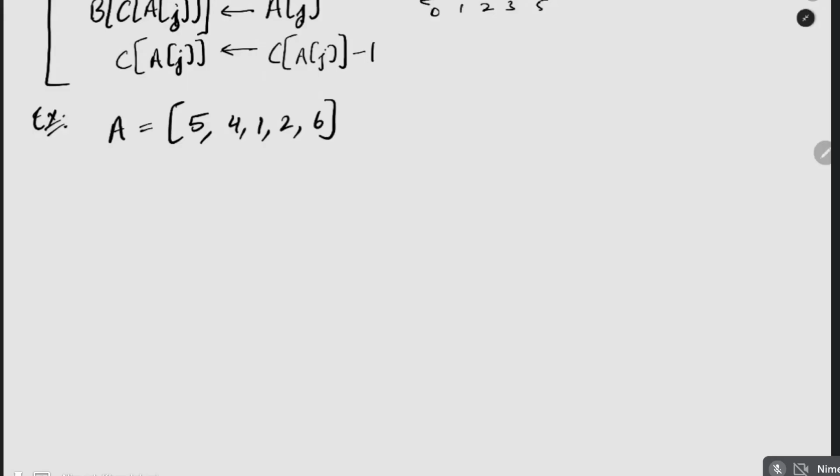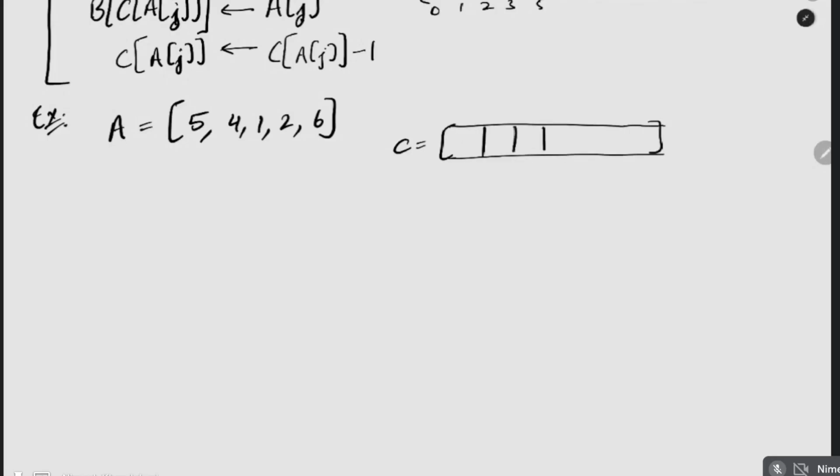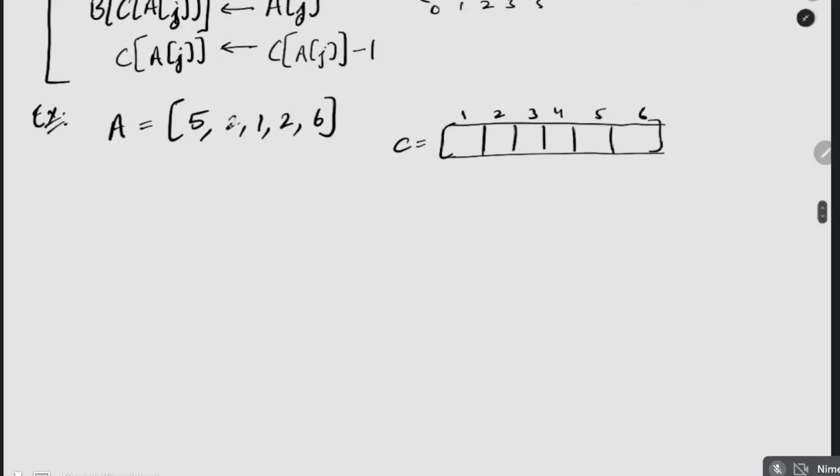So our A is this, and then C will now be of size 6, right? So 1, 2, 3, 4, 5, 6. And let us repeat some values also, right? Let us repeat 2. So we do the first loop.